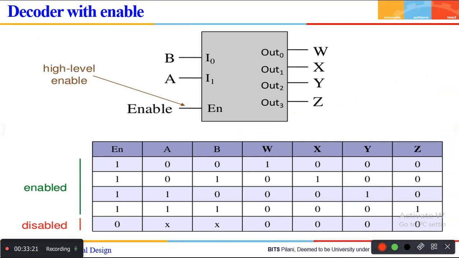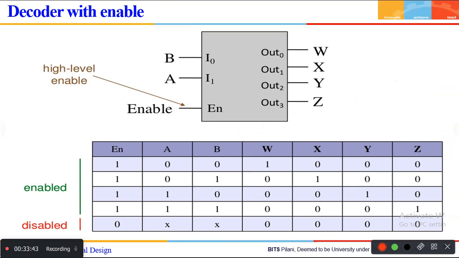If you want the entire 2 to 4 decoder to work as per the decoder function, you have to make your enable 1. If enable is 0, output will be don't care. It is not a valid output at all.